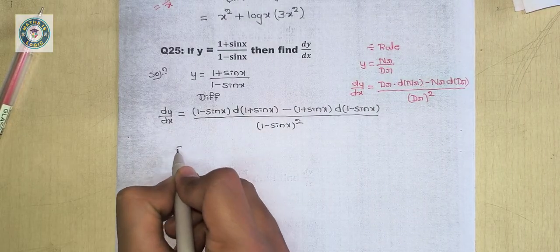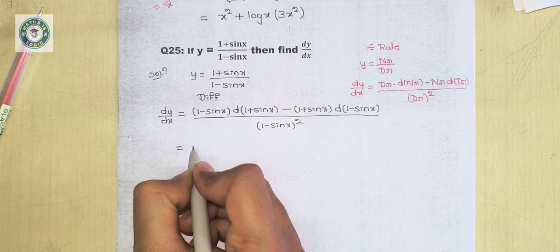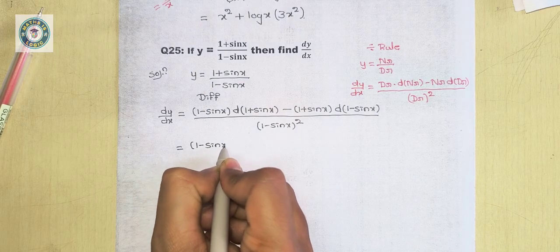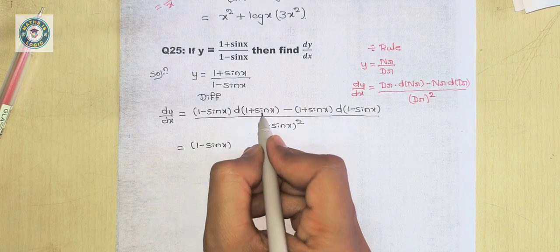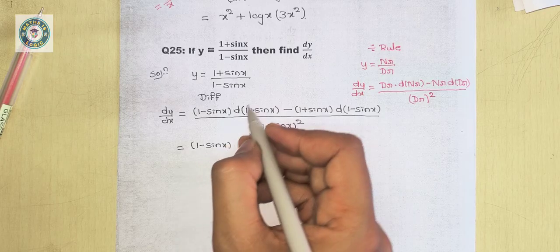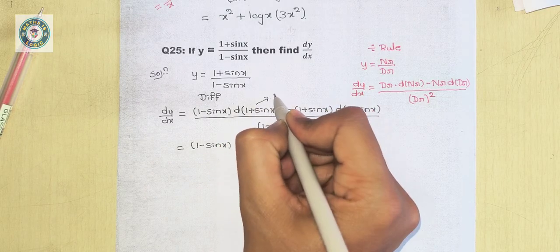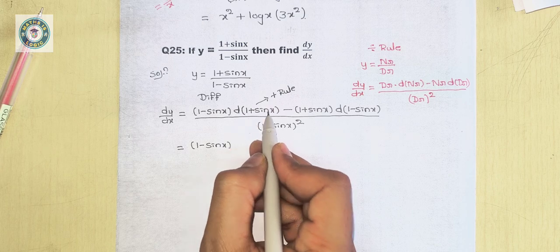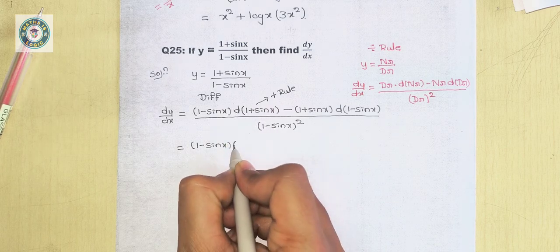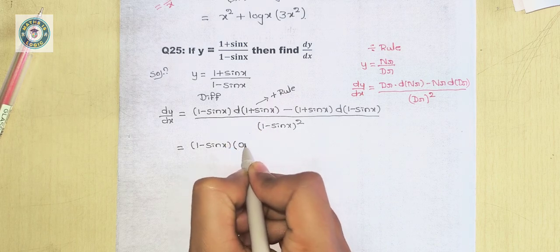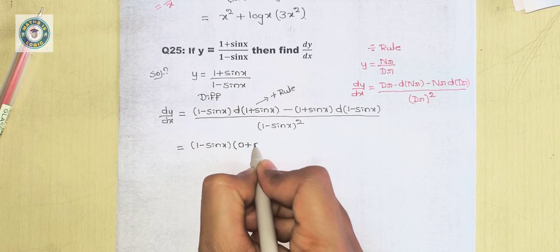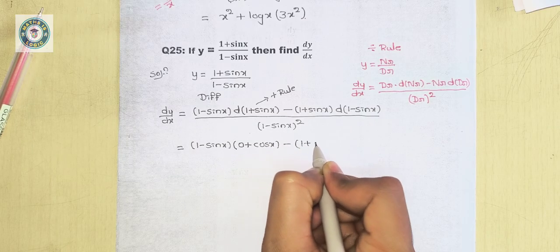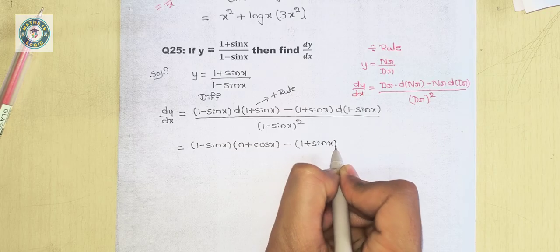So after that, next 1 minus sin x as it is. Next 1 plus sin x differentiation we should do. Here there are two terms, so which rule are we going to apply? The plus rule, meaning for both terms we need to do the differentiation. So 1 differentiation goes to 0, plus sin x differentiation goes to cos x, minus 1 plus sin x as it is.